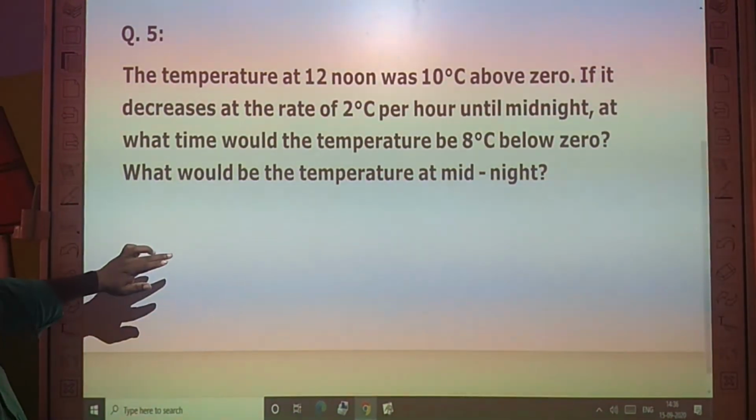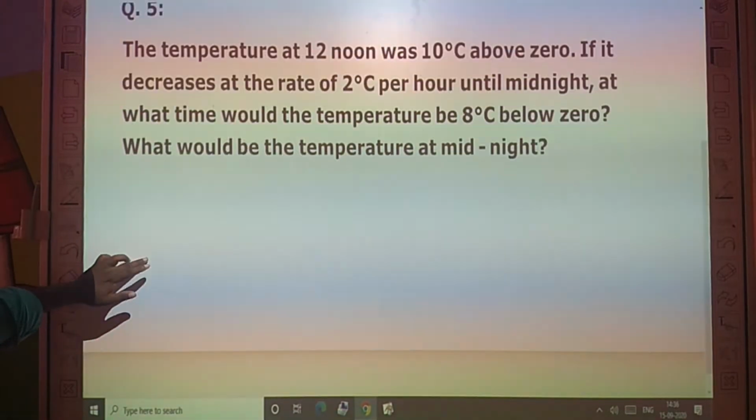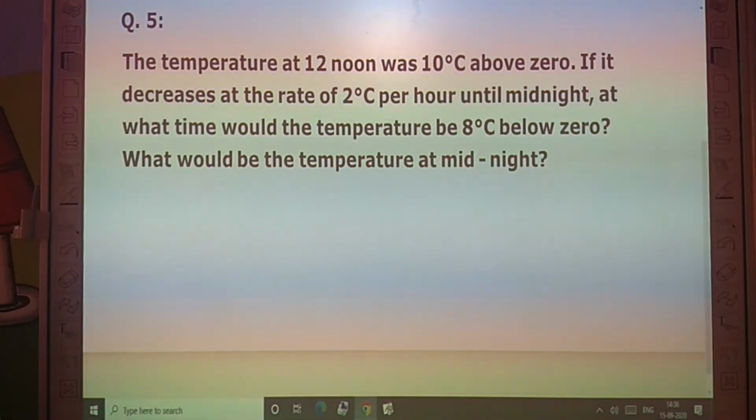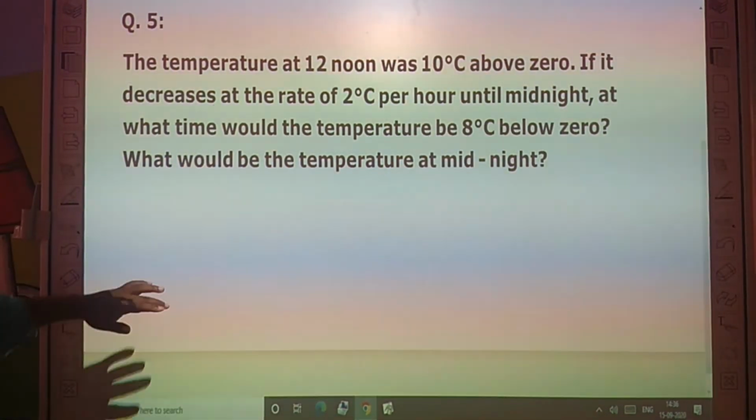Question number 5. The temperature at 12 o'clock was 10 degrees Celsius above zero. If it decreases at the rate of 2 degrees per hour until midnight, at what time would the temperature be 8 degrees Celsius below zero? And the second part, what would be the temperature at midnight?